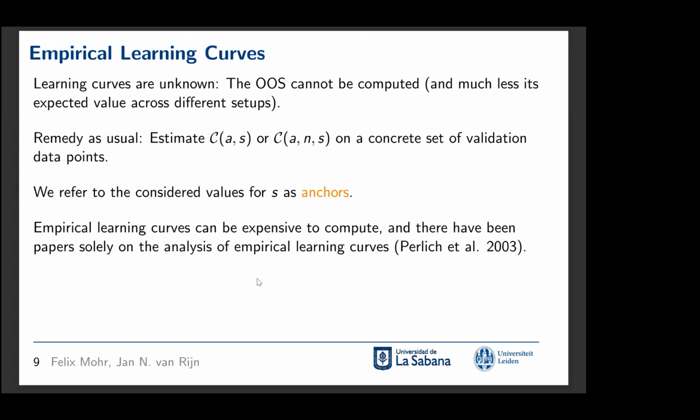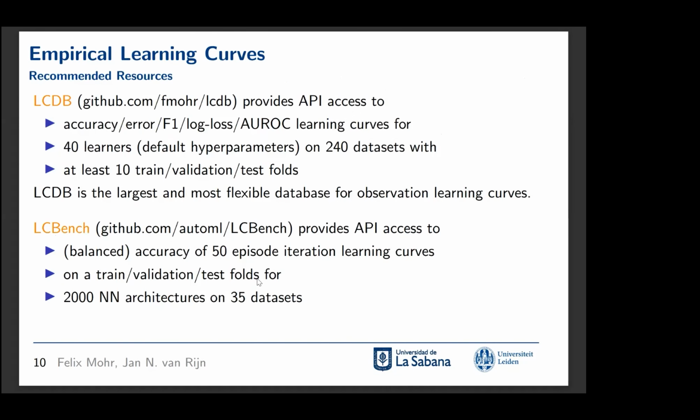There are two resources that I would like to recommend to you. The first one is LCDB, the Learning Curve Database. That's a publication we have at ECML this year, together with Jan and two colleagues from the Netherlands. What we did here is provide API access to learning curves on accuracy, error rate, F1, log loss, and basically we have the prediction vectors for 40 learners on 240 data sets available.